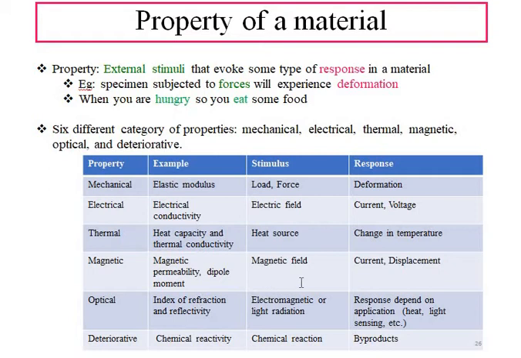And for the optical property, the stimulus is electromagnetic or light radiation, and the response can be different. If you apply it to a certain sensor, it can produce some kind of heat, light sensing, etc. Okay, so these are the various properties, stimuli and corresponding responses.